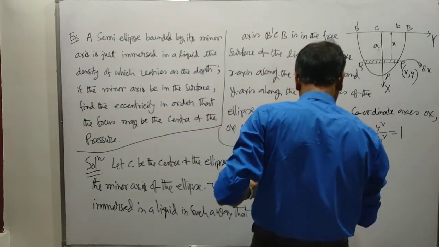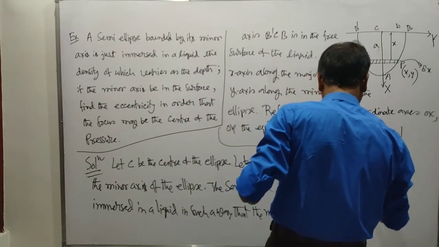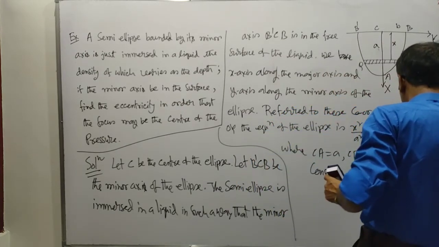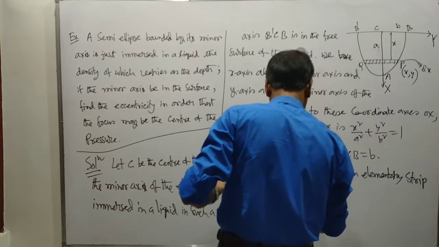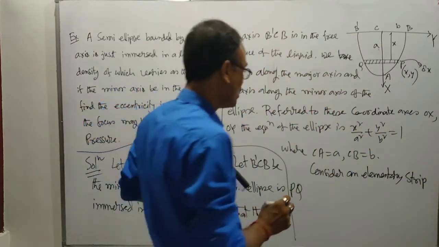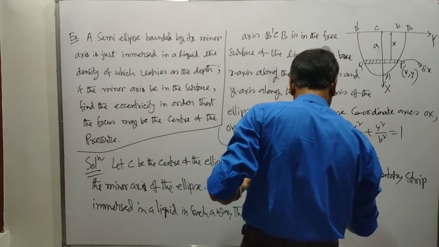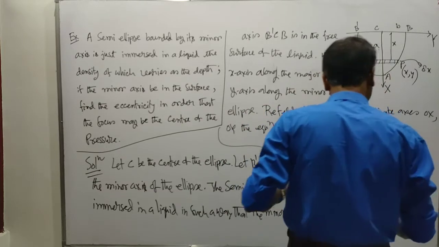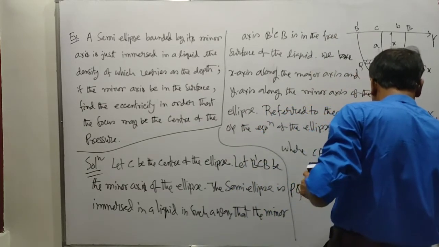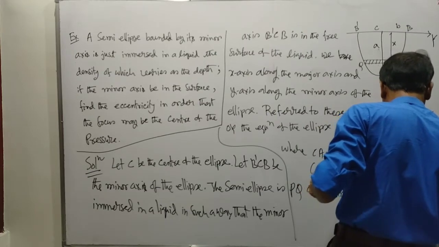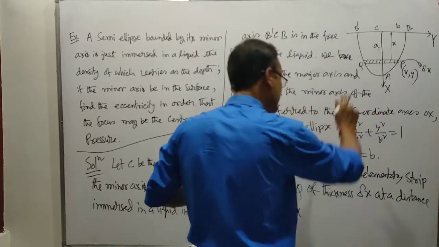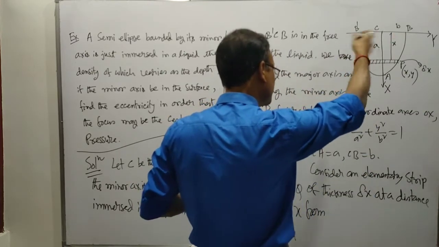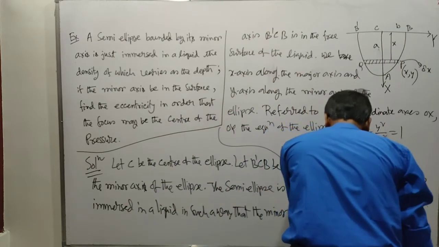Consider an elementary strip PQ of thickness delta x at a distance h from the effective surface. From the effective surface means from the y-axis.